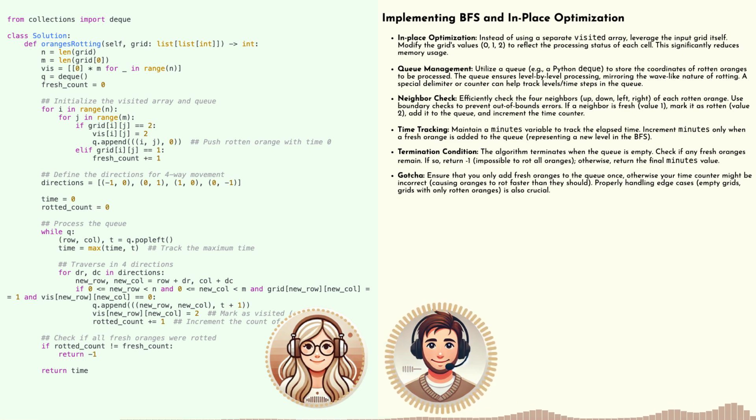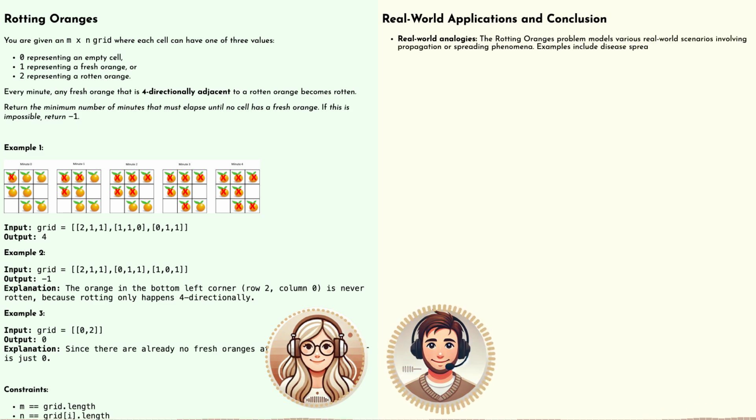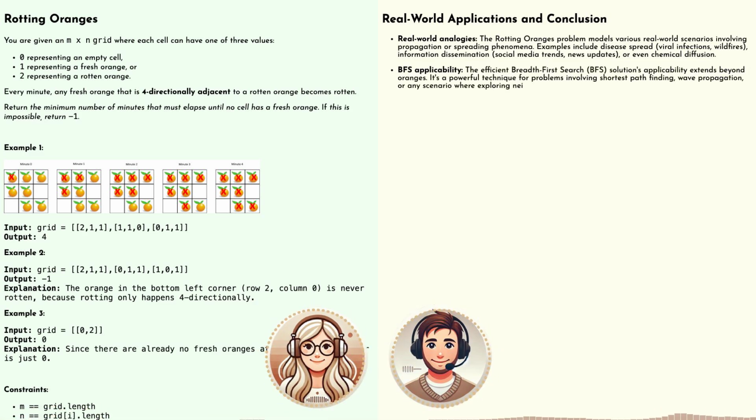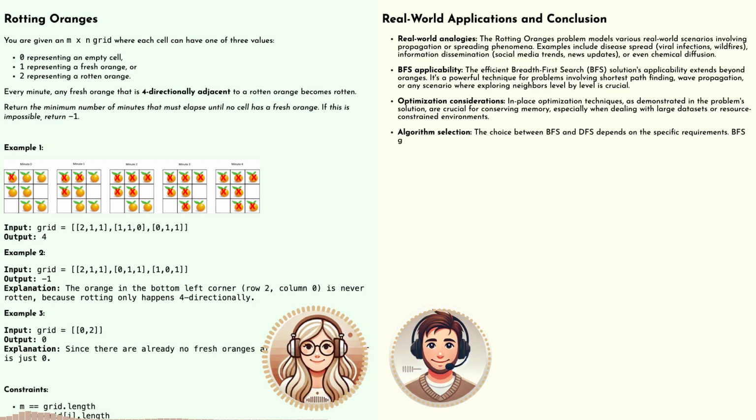Exactly. And speaking of different approaches, one of the sources that I was looking at mentioned depth-first search, or DFS. Could we use that here too? We could technically use DFS, but it's not as efficient as BFS for finding the minimum time. DFS tends to go down one path as far as possible before backtracking, which means it might miss a faster, more direct path elsewhere.